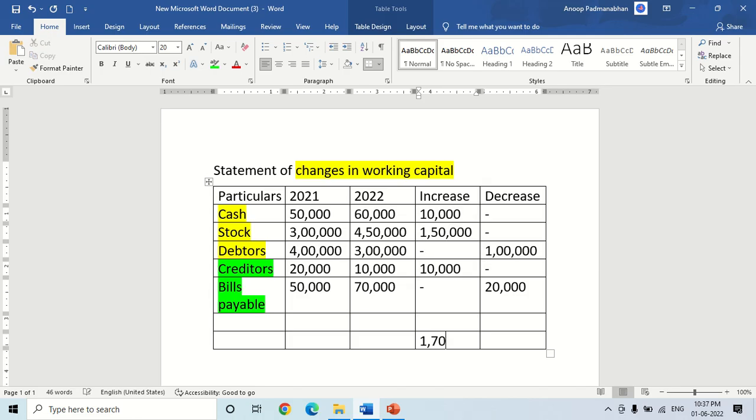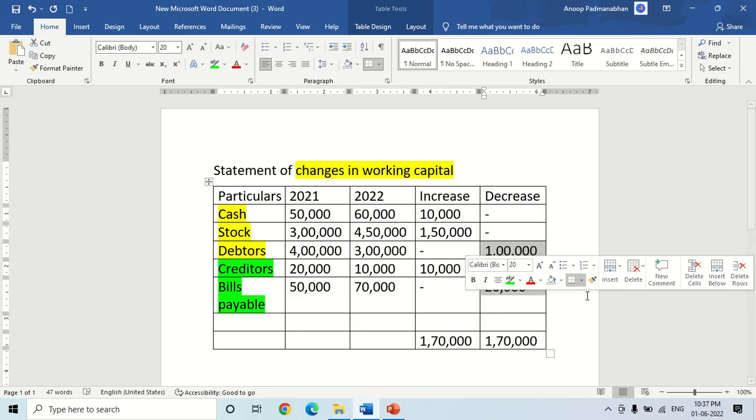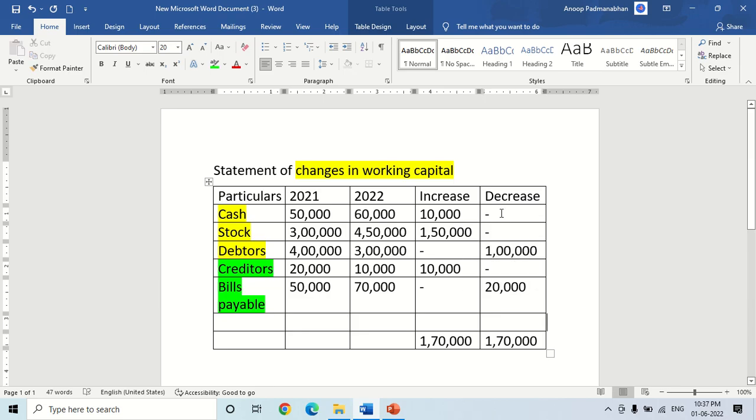So we could write 1,70,000 here in both places. Now here I will be getting a balancing figure because the decrease column total is only 1,20,000. So the balancing figure will be 50,000.